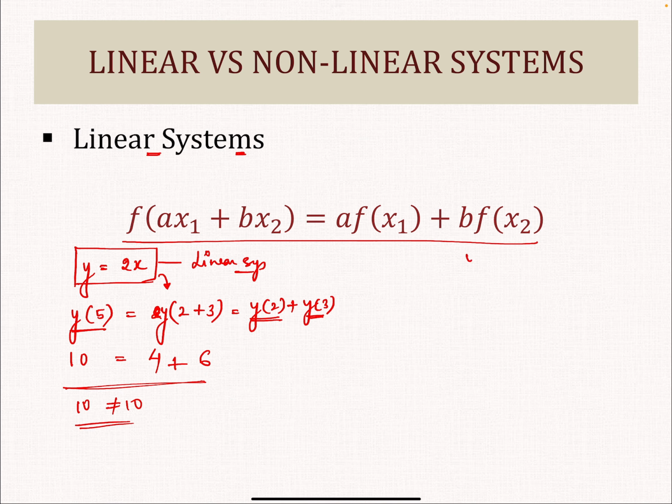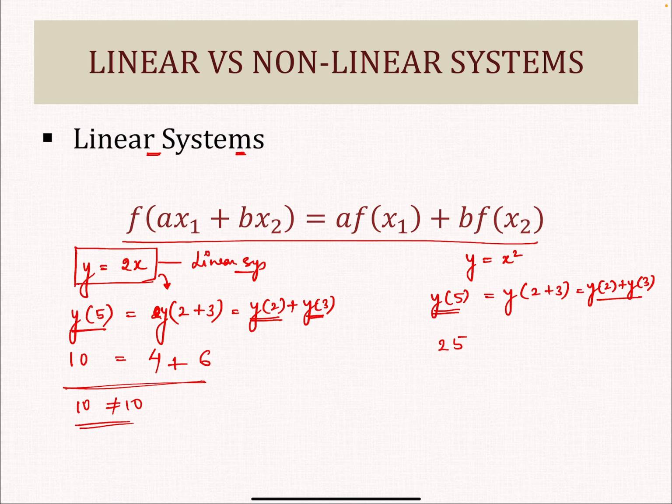Let's take another example. y is equal to x squared, and again we do the same. If we write 5 as 2 plus 3, and if y(5) is equal to y(2) plus y(3), then we will call it a linear system, otherwise not. So y(5): we put 5 in x, so 5 fives are 25.